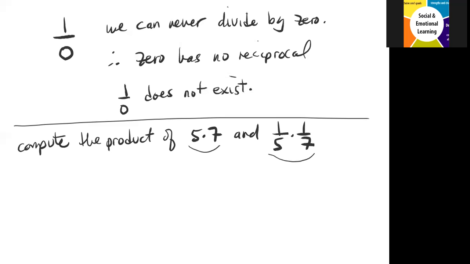So we could say that this is equal to 5 times 7 times 1/5 times 1/7. So we want to compute this product. Again, I'm not using multiplication signs. I'm just using the dot, which means multiply.